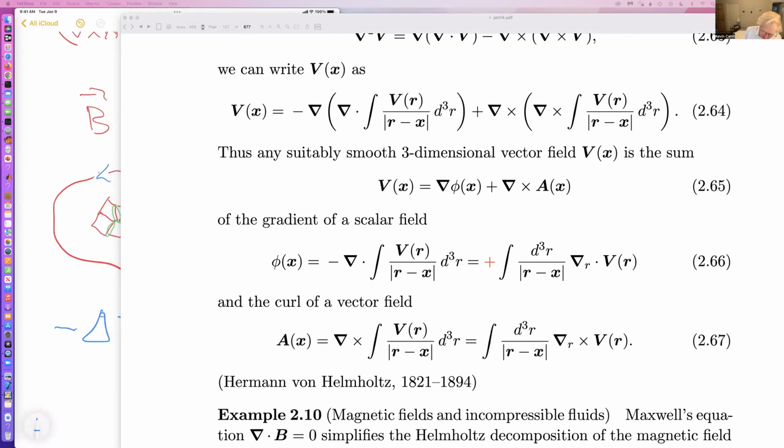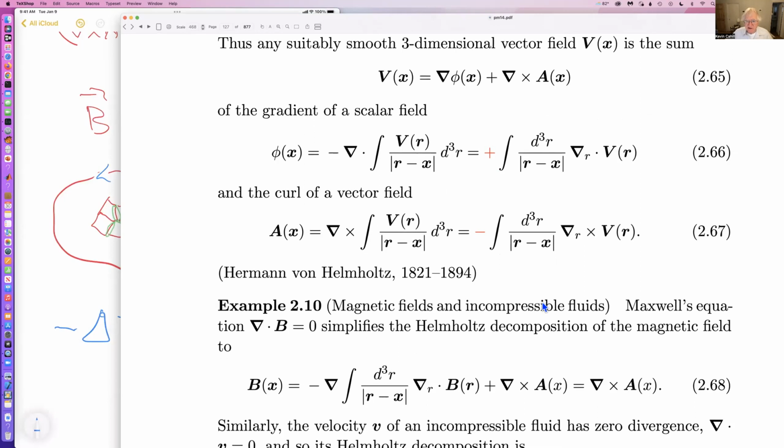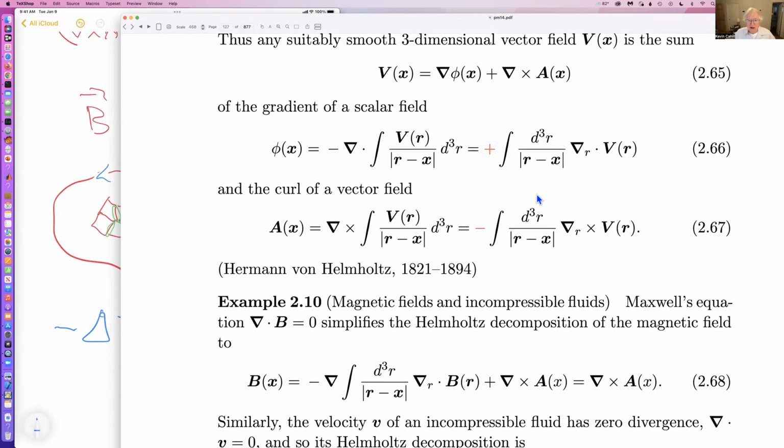All right, so I'm going to have to make sure that these corrections need to be made, and then I'll add it to the errata for the book.